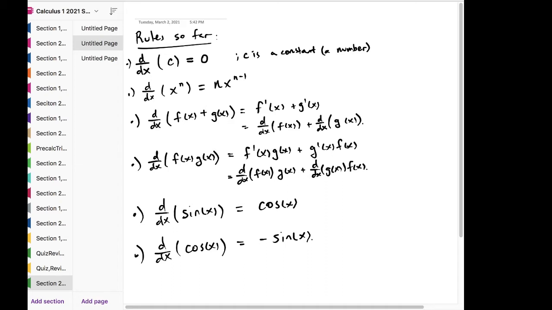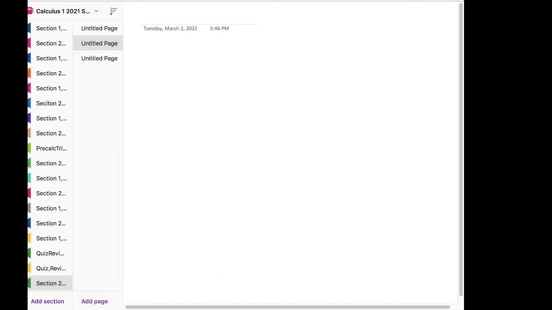One I should add on first, which is not too complicated a rule, is the derivative of a constant times the function. So we didn't discuss that, but it's not too difficult. So let's think about what that is.